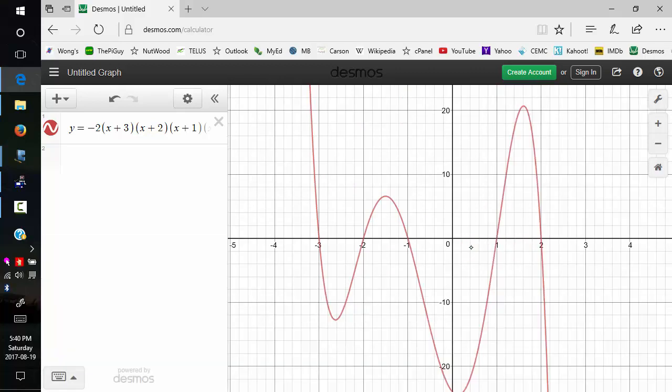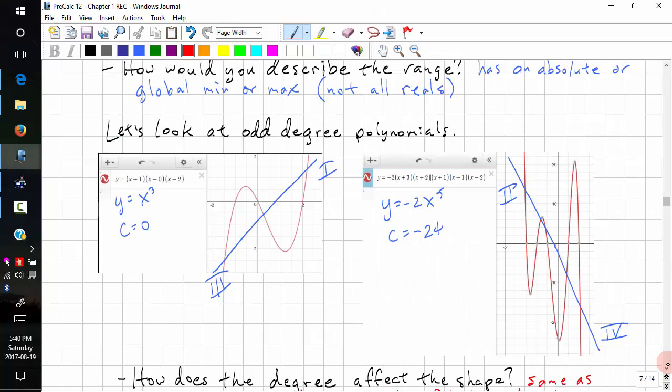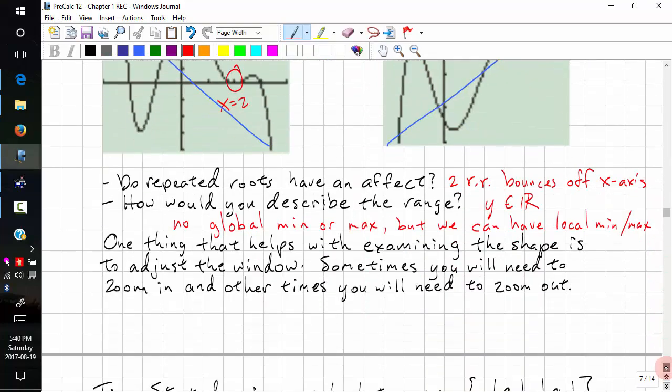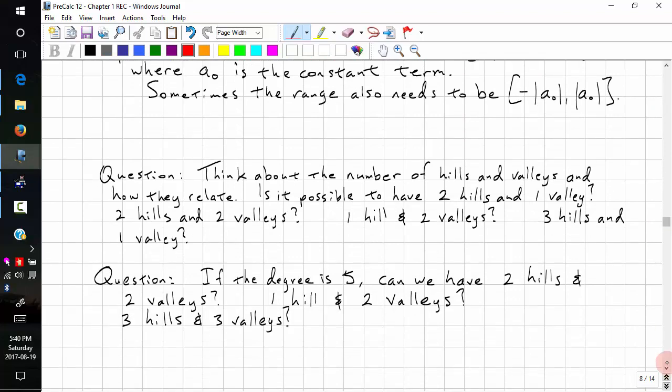Okay, and so now we have a different scale for the x and y. So you just have to go to settings. Takes a little bit more work there, but it's not too bad. Okay, so the note here is use this as a starting point.